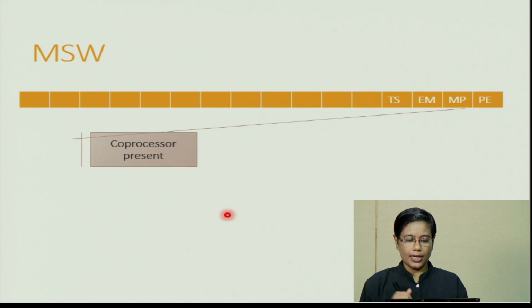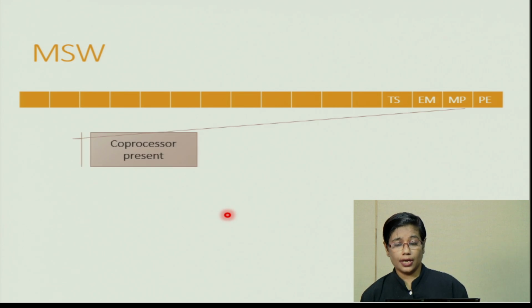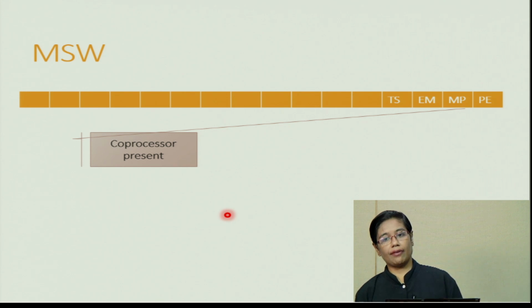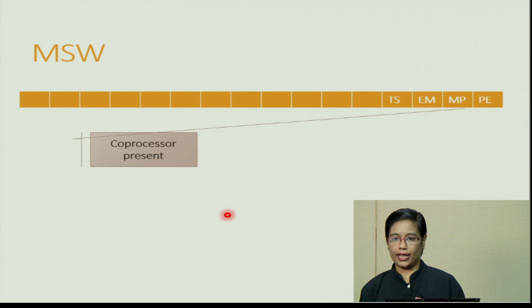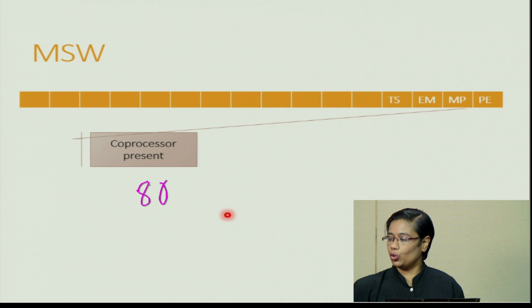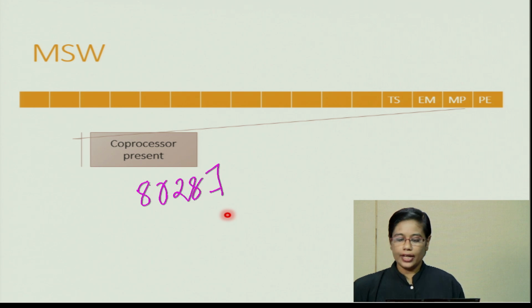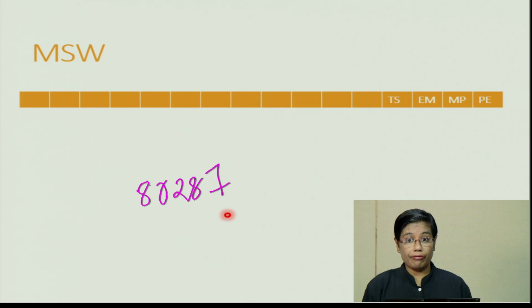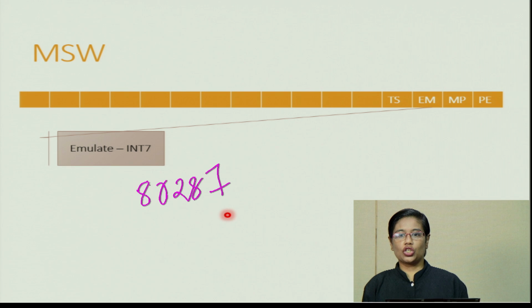The next bit indicates whether a coprocessor is present. In the 80286 and 386, these bits are valid because you might have an arithmetic coprocessor. In the 80286, the arithmetic coprocessor is going to be the 80287. Now there is one more option provided for the coprocessor, which is called emulate coprocessor.